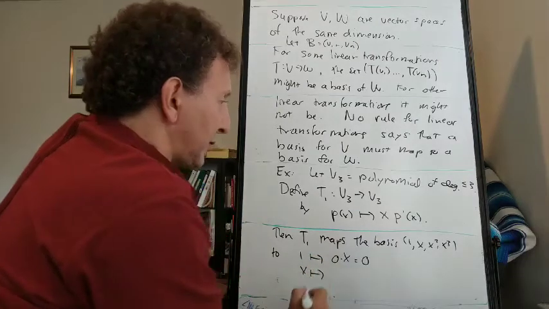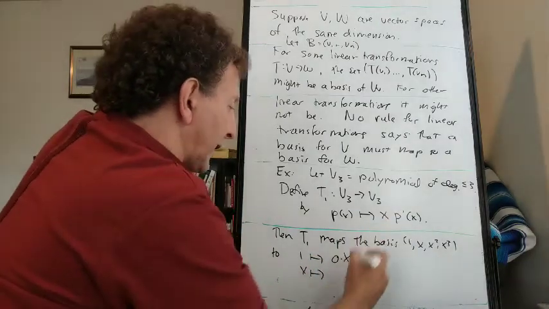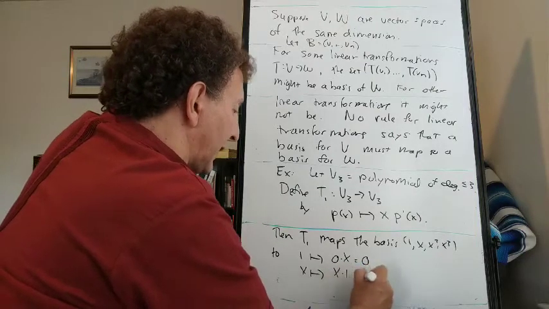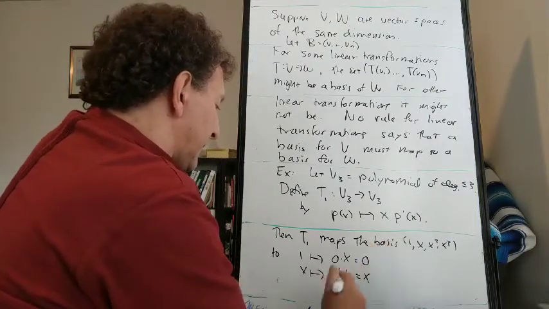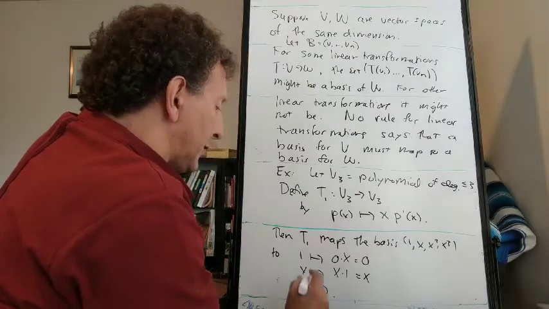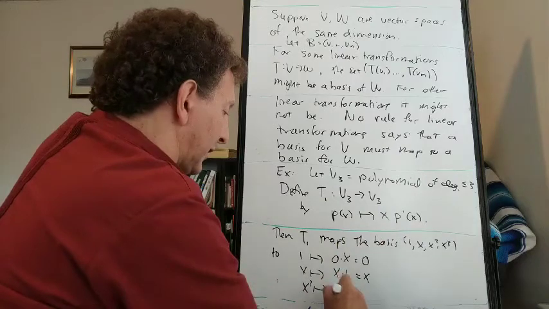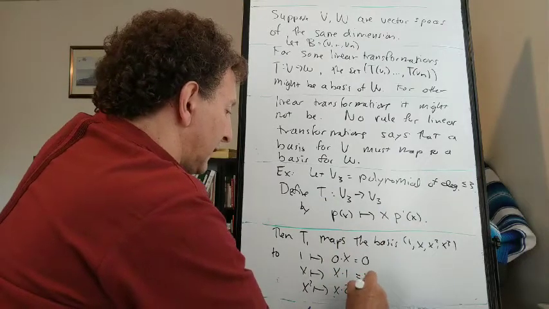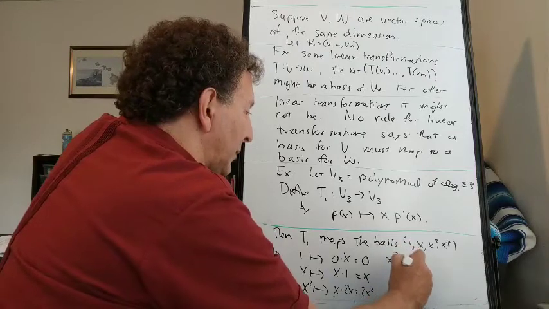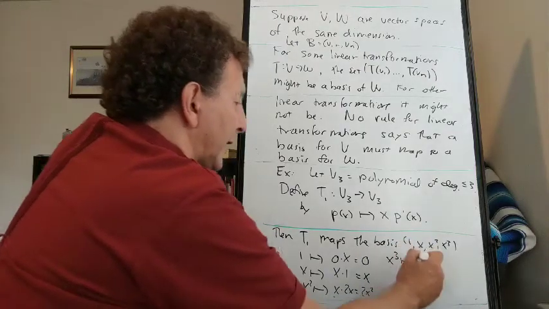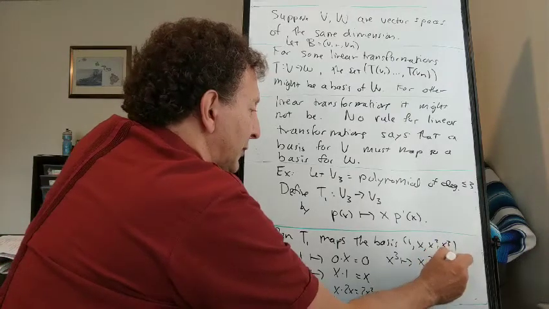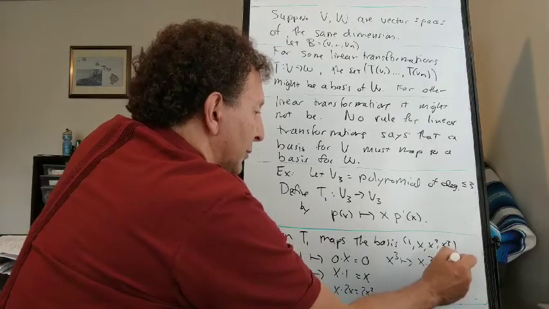X gets mapped to derivative of x is 1 times x, which is x. X squared gets mapped to derivative of x squared is 2x times x, 2x squared. And x cubed gets mapped to x times derivative of that, which is 3x squared. It gets mapped to 3x cubed.